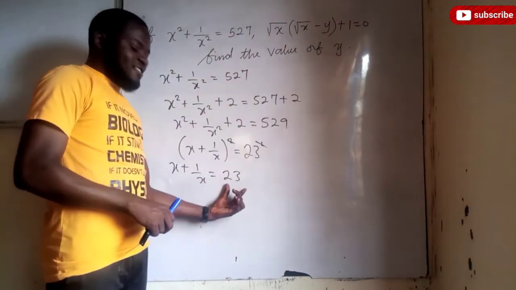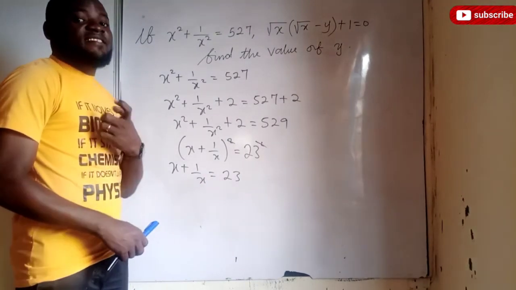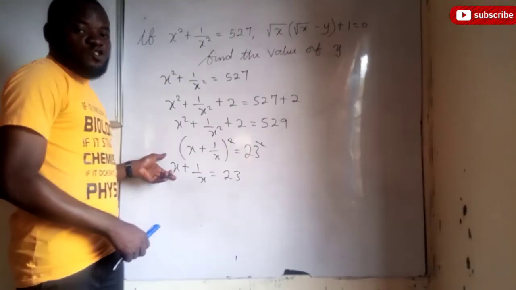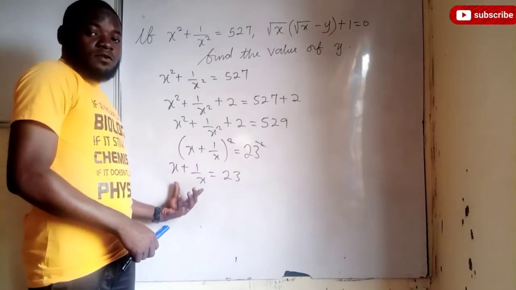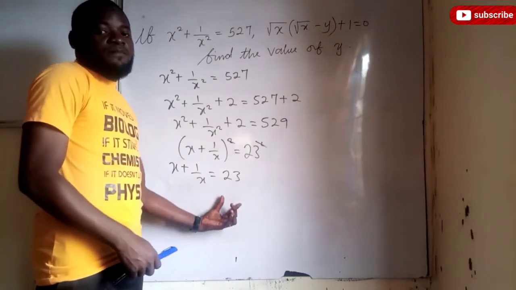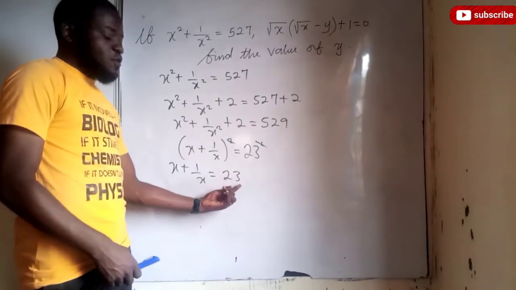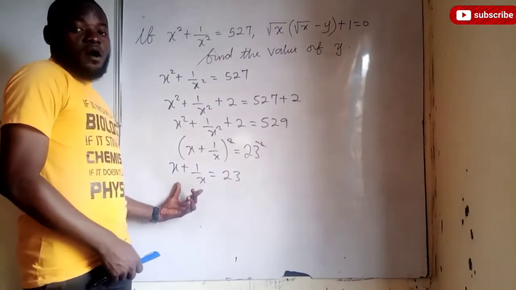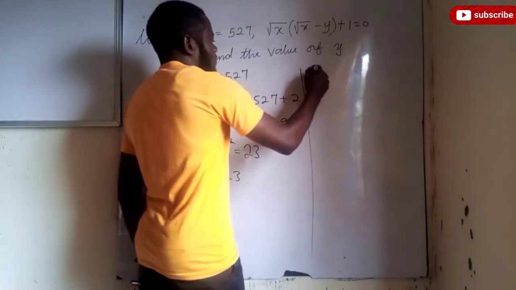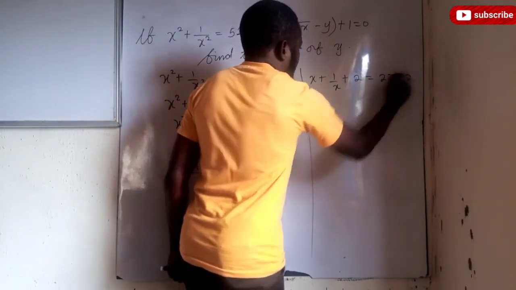If you look at this now, this is not a perfect square also. Although this one is not a square if you're looking at it, it is also a square because if I look for the LCM of this, I'm going to add this to be square plus 1. So this square is not complete, this one is not a perfect square. I can make this one a perfect square by adding 2 to this. If I add 2 to this, this becomes a perfect square and this square will also complete. Hence, I can add that to be x plus 1 over x plus 2 equal 23 plus 2.